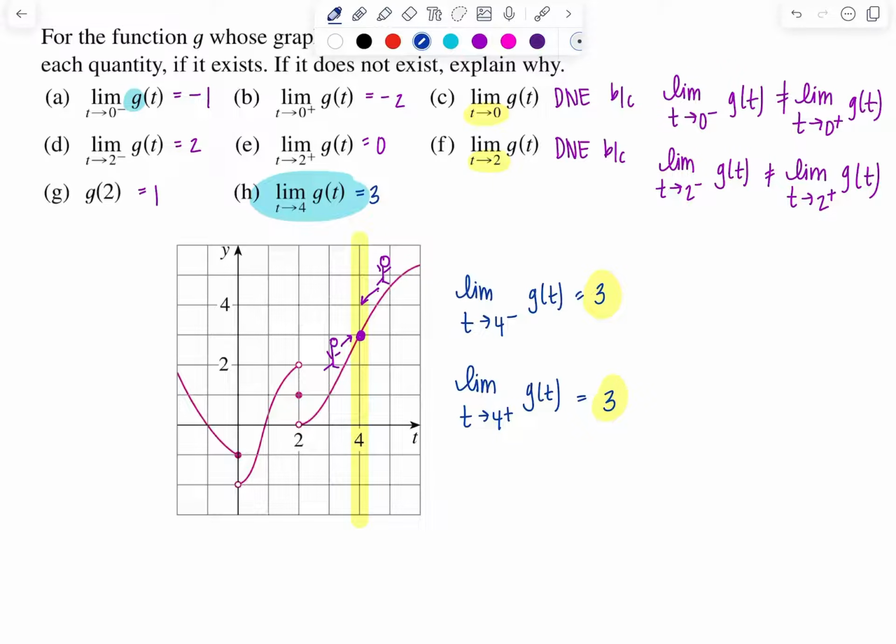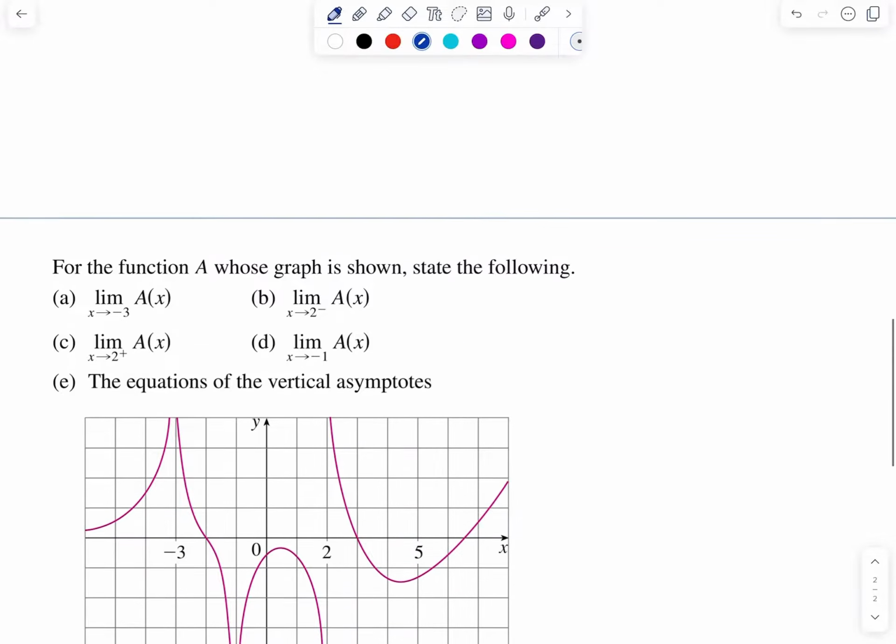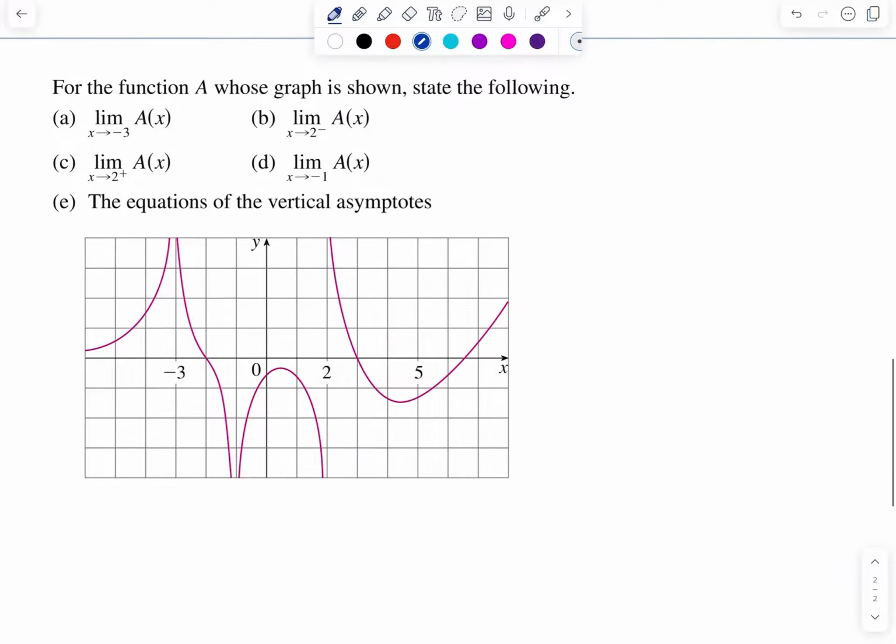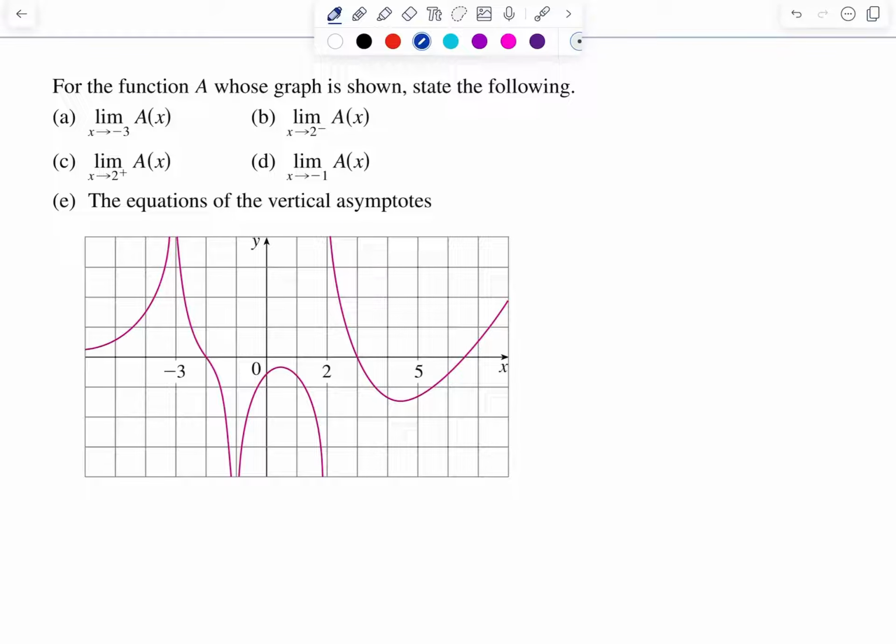Let's look at another example, just a wee bit spicier. So it says, for the function a, whose graph is shown, state the following. So it asks for the limit as x approaches -3 of a of x. So where's -3? It's right here. This is a two-sided limit. They didn't tell me from which side.